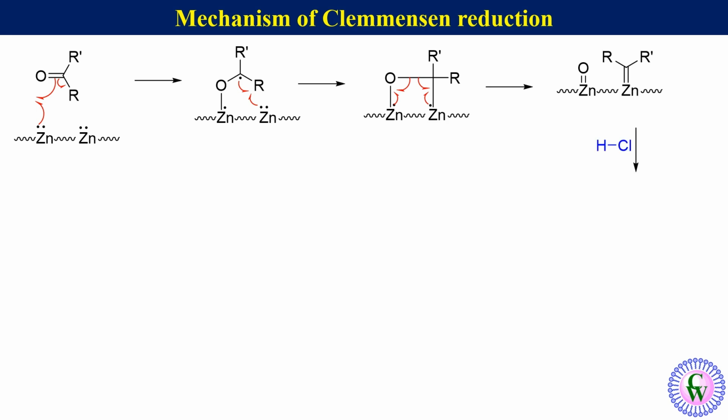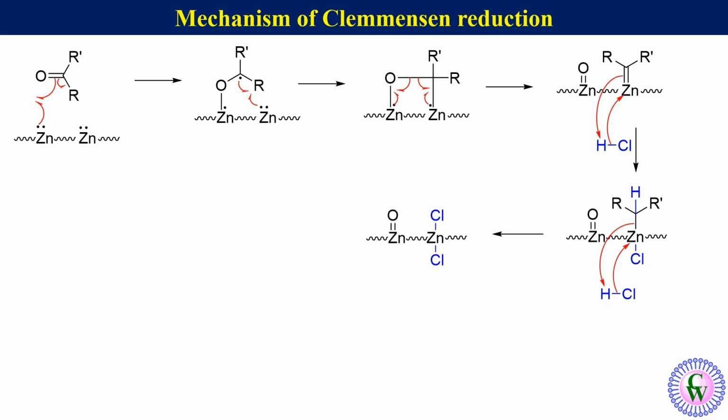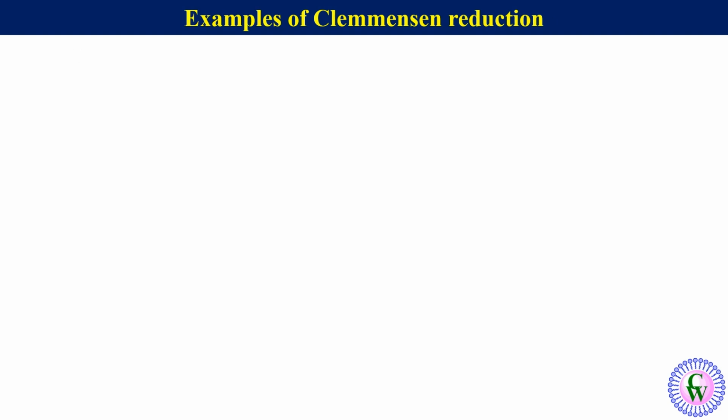Addition of HCl to the zinc-carbon double bond by transfer of proton to carbon and chloride ion to zinc gives alkyl zinc chloride. Now, protonation of the alkyl group of alkyl zinc chloride and transfer of chloride to zinc gives zinc chloride and this methylene compound.